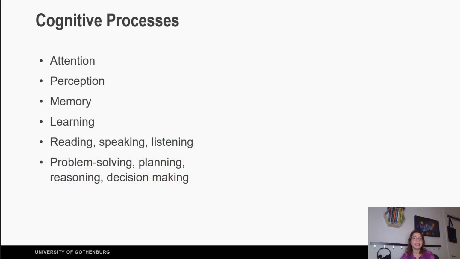Cognitive processes. In the book, there are categories of cognitive processes: attention, perception, memory, learning, reading, speaking, listening, and problem-solving, planning, reasoning, decision-making. Attention is related to our focus on tasks. We can focus only on one task and we cannot split our attention.